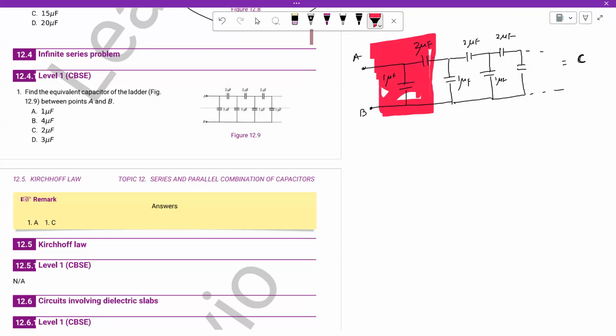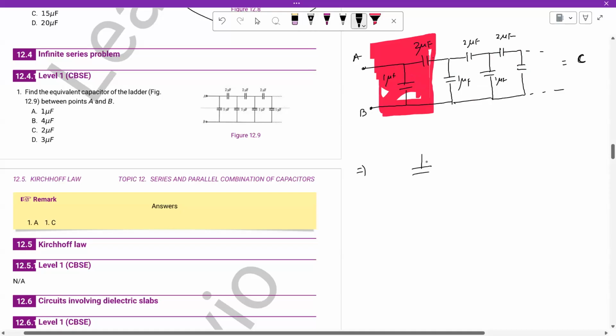Then we can equivalently draw this one as this, and this is C, because again this whole thing is repeating.